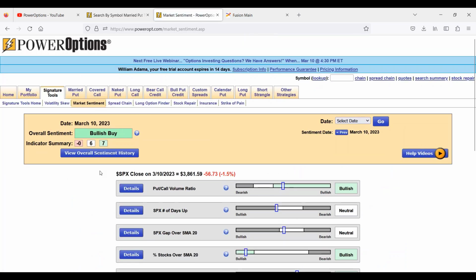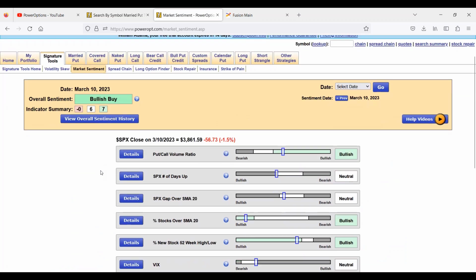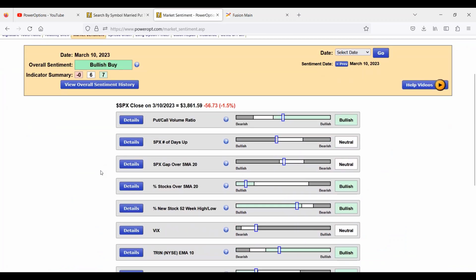is a tool that Ernie developed based on 13 broad-based indicators that are usually pre-predictors, in a sense, of market movement, looking at things such as the put-call volume ratio across the entire market. Using SPX, he's found, is a more reliable gauge than NDX or, say, the Russell 2000.